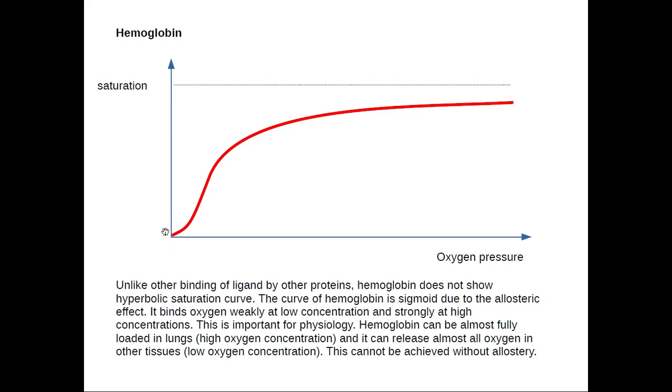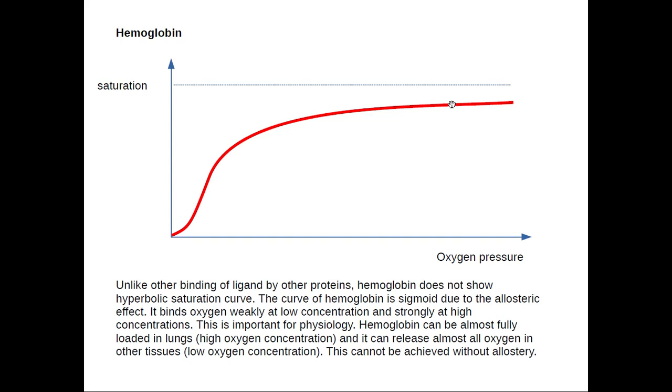And this shape was recognized by some measurements quite a long time ago, and it was quite unclear why it works this way, because from a physical chemical point of view, it's normal that binding of A with B gives a hyperbolic saturation shape.